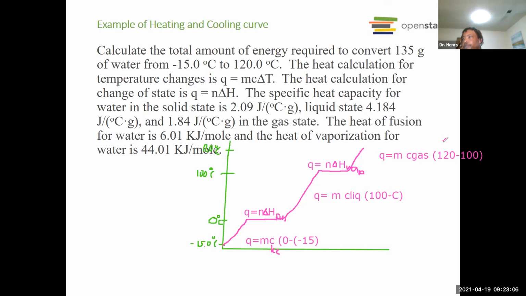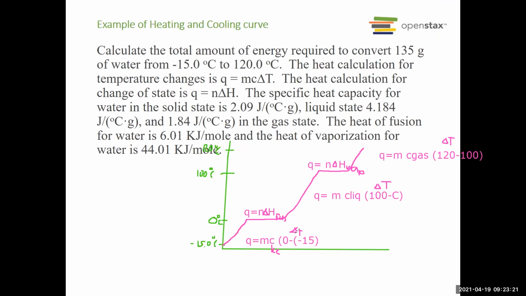And where this guy represents the delta T for that transition, delta T for this transition, and delta T for this transition. Okay. Does that make sense? I think so, yeah. Okay.